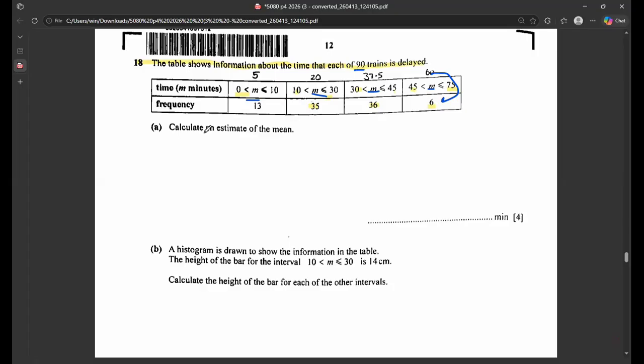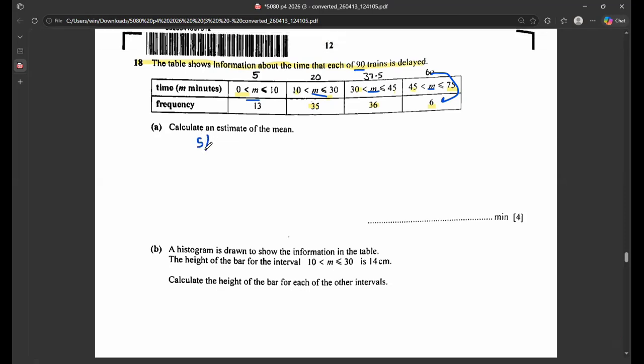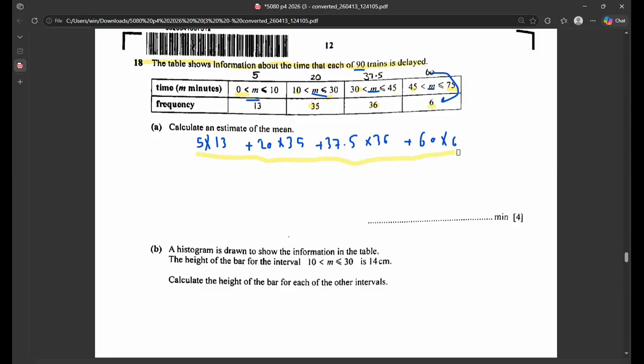So we can say here 5 multiplying by 13, plus 20 multiplying by 35, plus 37.5 multiplying by 36, and here 60 multiplying by 6, and all of these numbers are going to be divided by the total of 90.